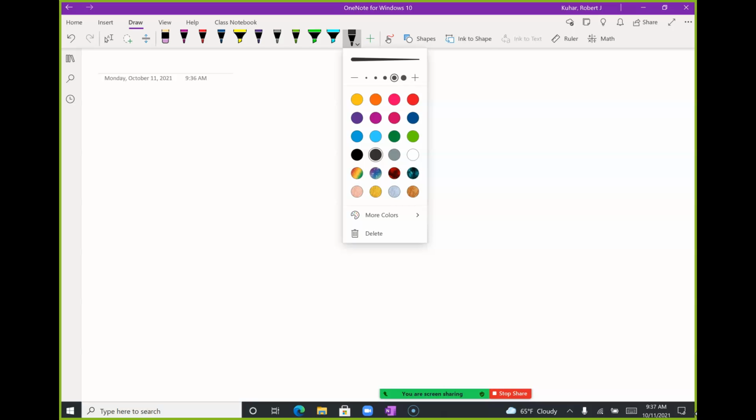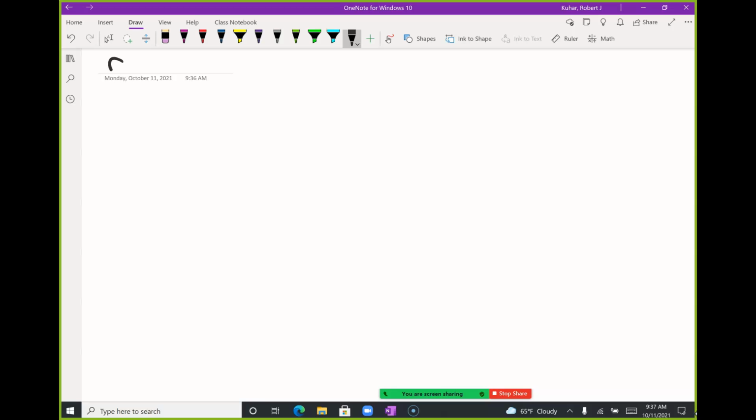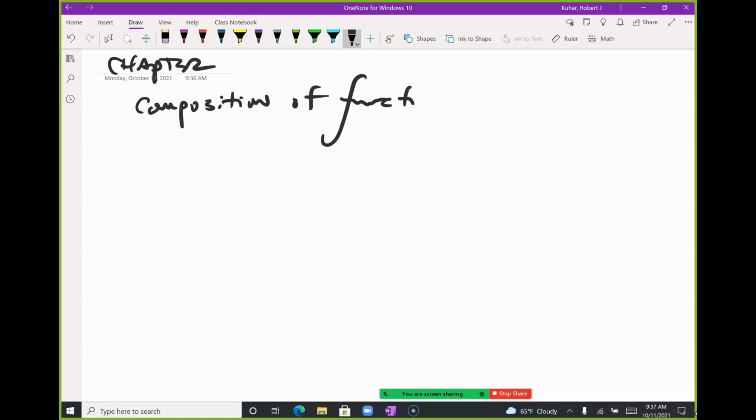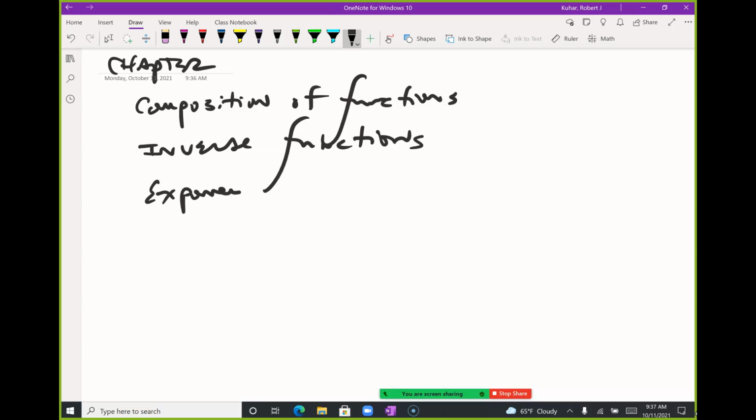So chapter 5 in short is composition of functions, inverse functions, exponential functions, and logarithmic functions.